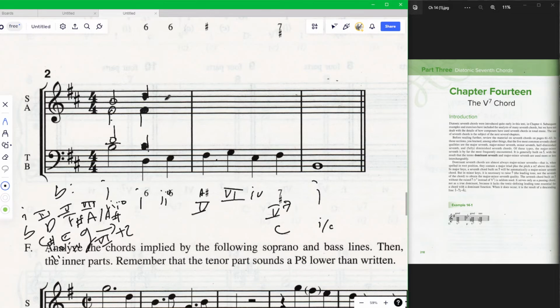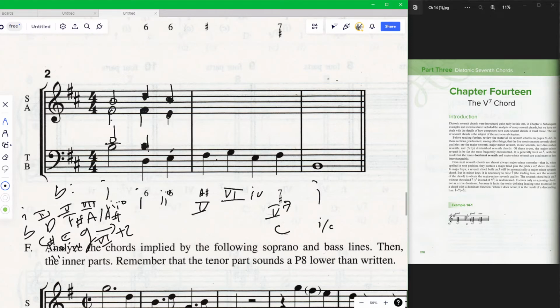Okay, definitely need a C sharp. Let's take D down to C sharp. Okay, let's take F. Let's take this down to E.